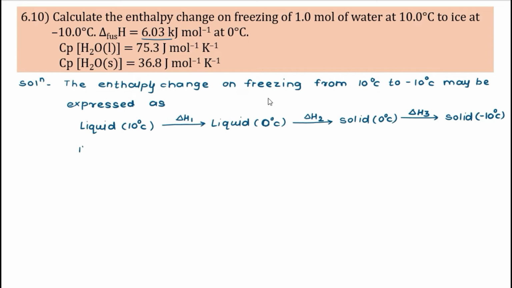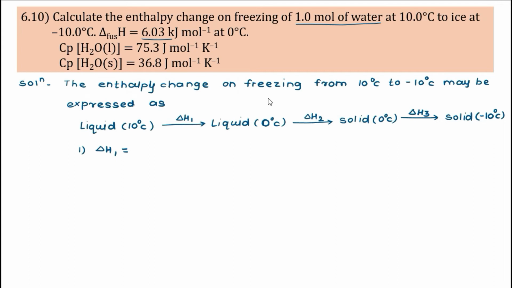So first thing, the calculation of delta H1. This enthalpy change is related to when water is converted from 10 degree Celsius liquid to 0 degree Celsius liquid. One important quantity given is that 1 mole of water is converting from 10 degree Celsius to 0 degree Celsius, so the number of moles is n.